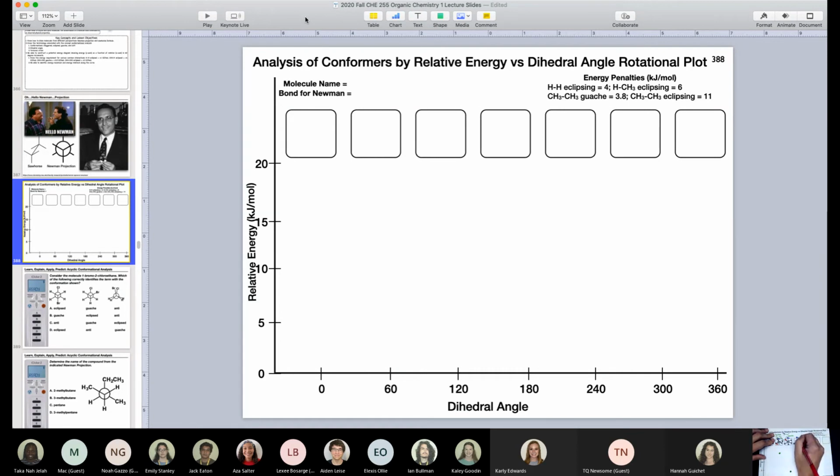So the two methyl groups are now eclipsing one another. The hydrogens are eclipsing. We already know HH eclipsing is +4, +4, +4.